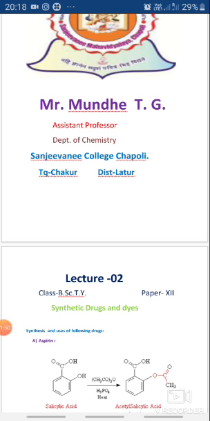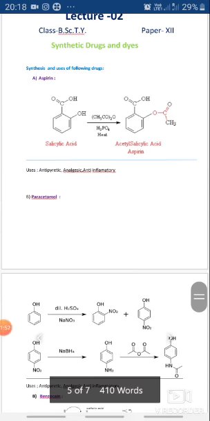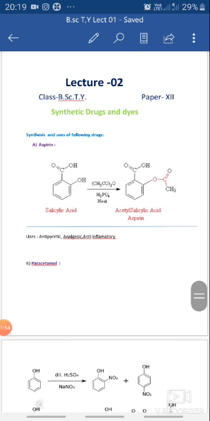After completion of all those points deeply, today we are going to synthesize some of the drugs that are useful in our day-to-day life. And the first drug is aspirin.